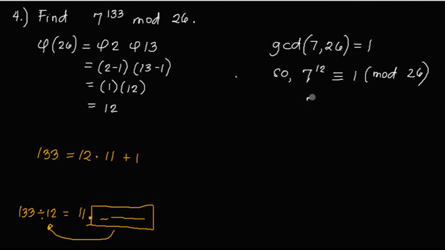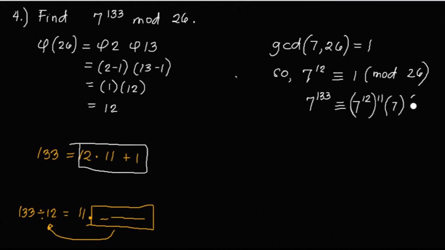Now, therefore, we can have here 7 raised to 133 is congruent to, now how do we write this? Paano natin siya isusulat? So, since, una muna, 7 raised to 12, diba? And then, erase natin ito nung 11. And this one, syempre, may times 7 pa tayo dito, raised to 1. Diba? And then, we have mod 26. Okay? Now, so applying the Euler's Theorem, 7 raised to 12 is equal to 1.